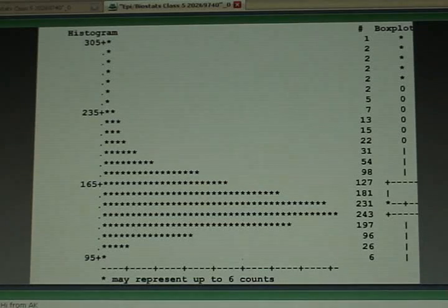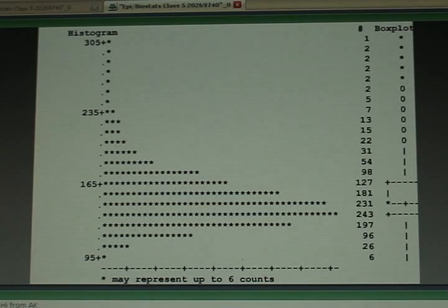And what SAS does is first use a dash to plot people who are above the 75th percentile or below the 25th percentile, but are still within 1.5 interquartile range units of that central box. And you remember the interquartile range was 30 units.